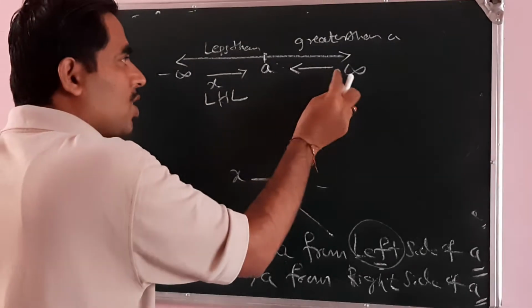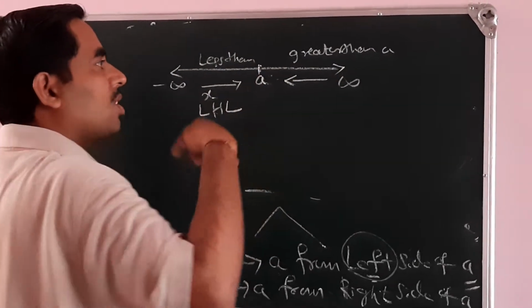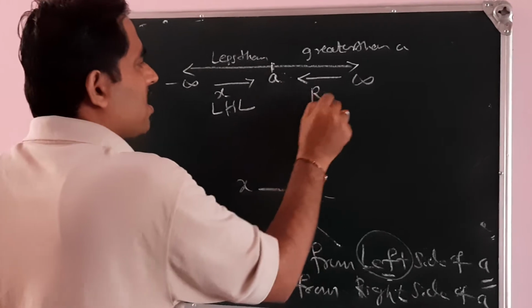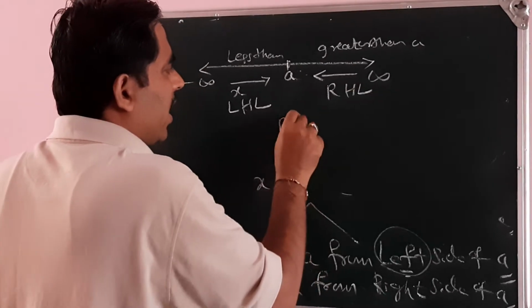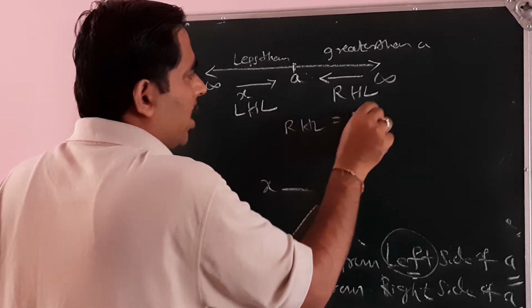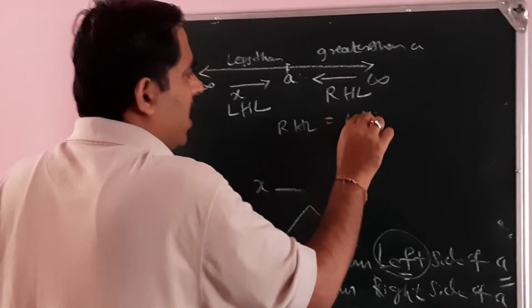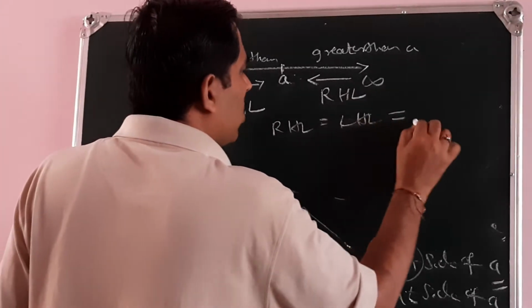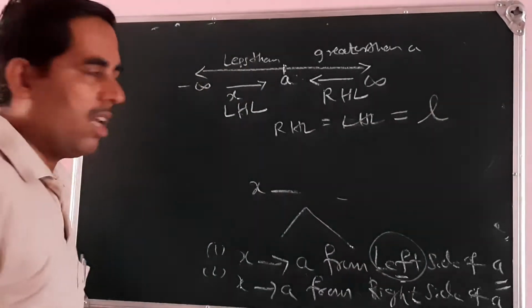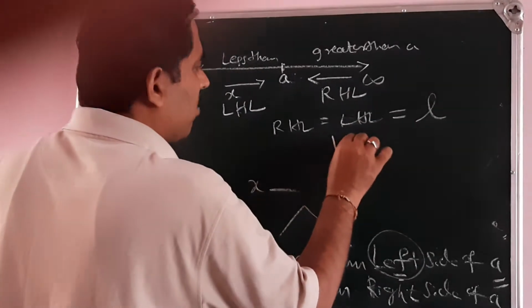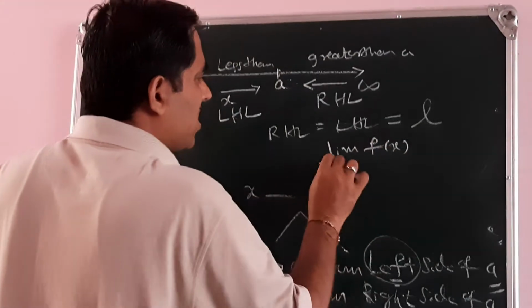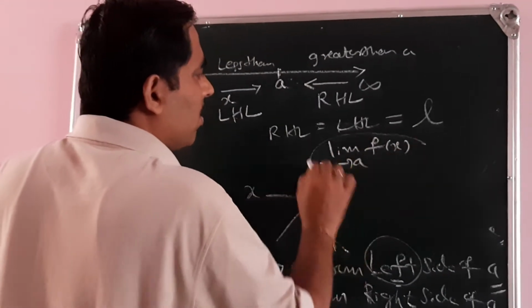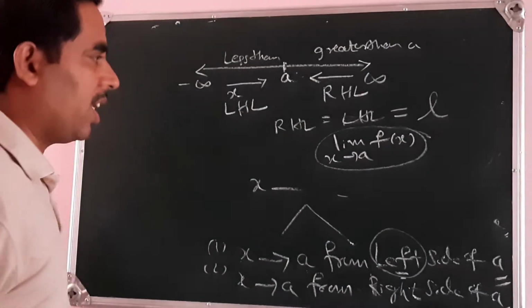Similarly, if x tends to a by taking the values greater than that point, we call it the right hand limit. Here the right hand limit is equal to the left hand limit, and this will be equal to some value, say L. That is the limit of the function f of x as x tends to a.